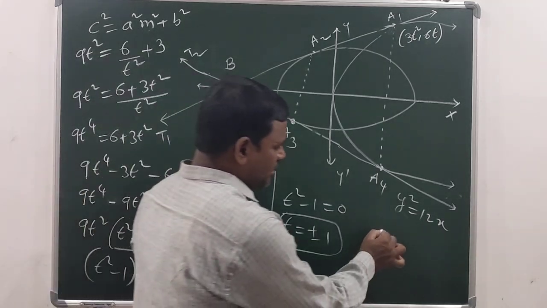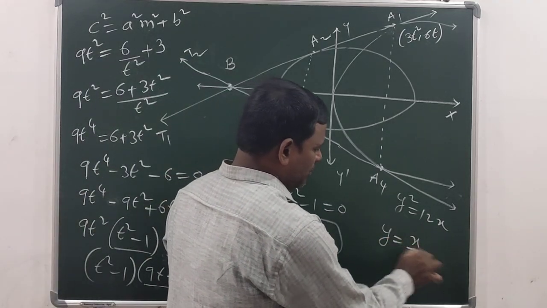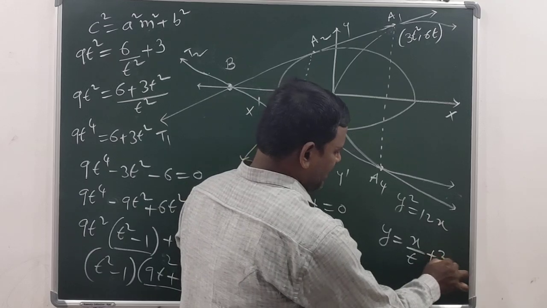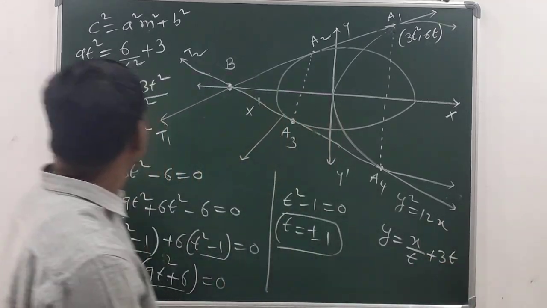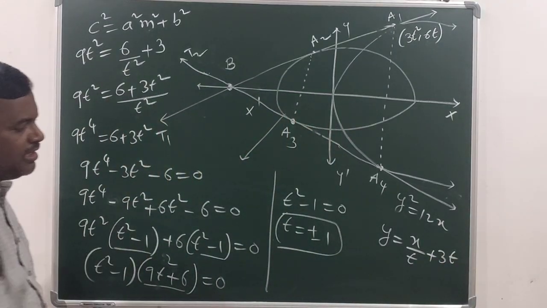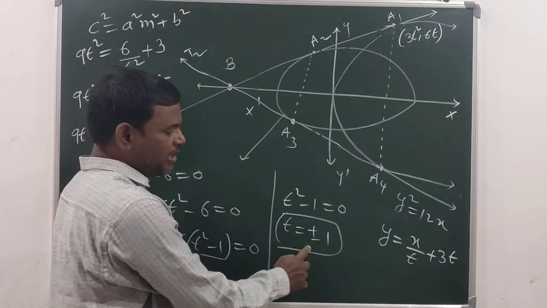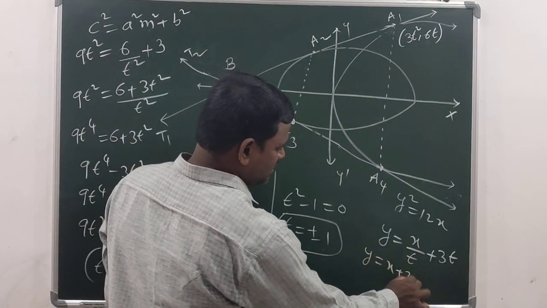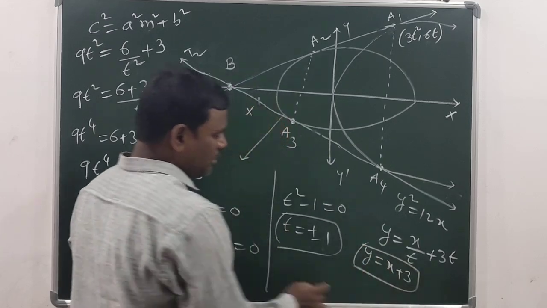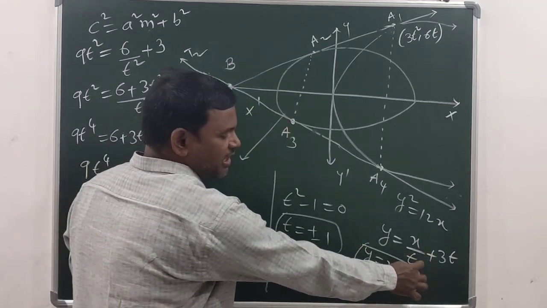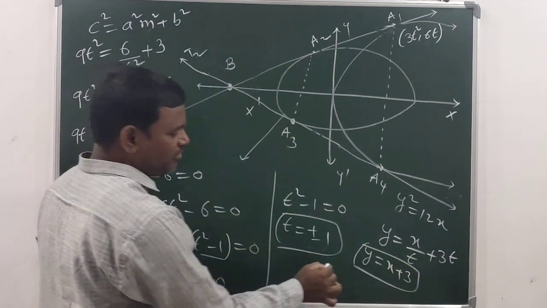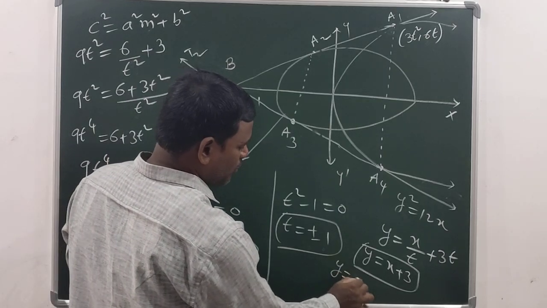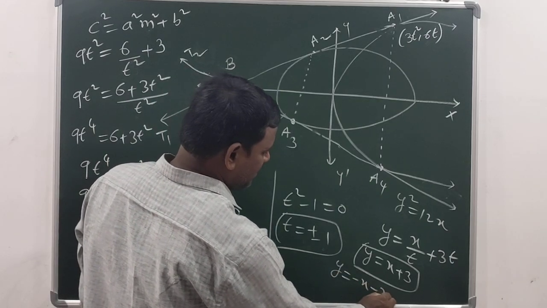So you got that tangent equation as y equal to x by t plus 3t. Right here, t value you got 1 and minus 1. If you write t equal to 1, it is going to be y equal to x plus 3. If you write t equal to minus 1, that common tangent equation will become y equal to minus x minus 3.